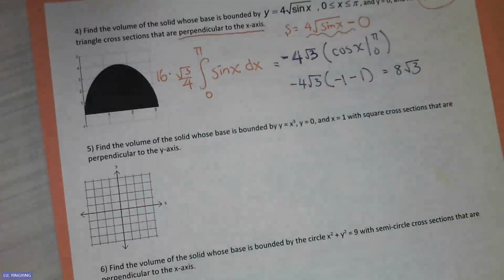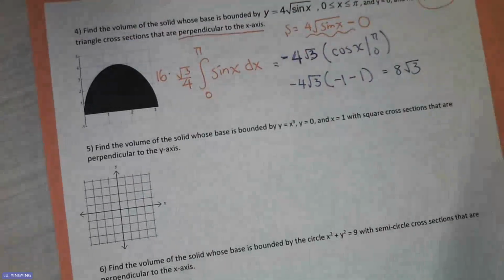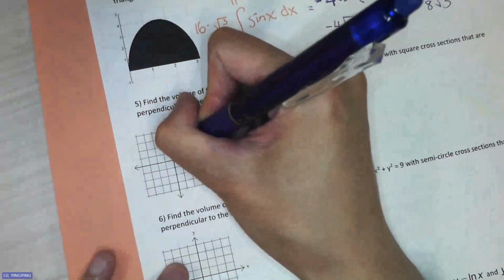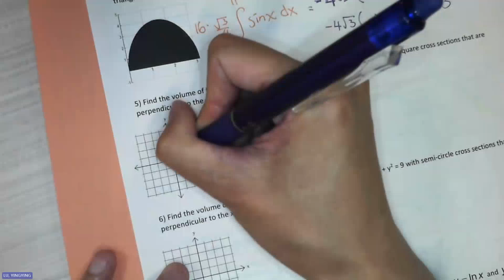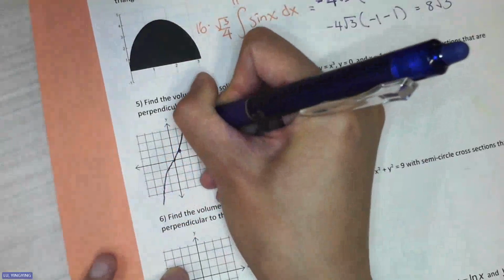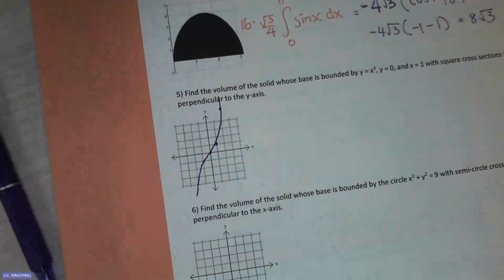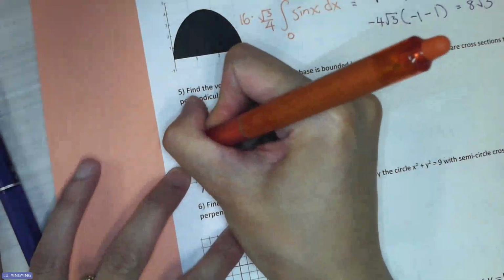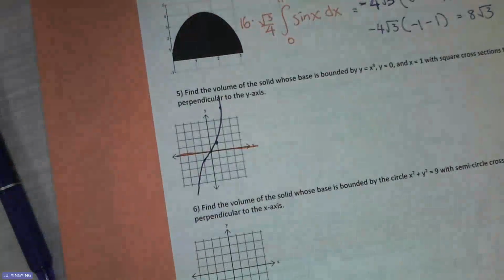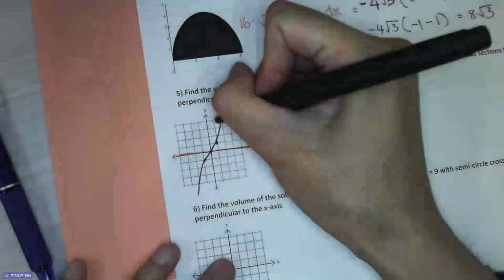Number 5, find the volume of the solid. We have this cubic. Cubic is hard to draw. It's like an S, through 0, 0, 1, 1, and 2, 8. So try your best to draw it. y equals 0 is the x-axis. x equals 1 is the vertical line.